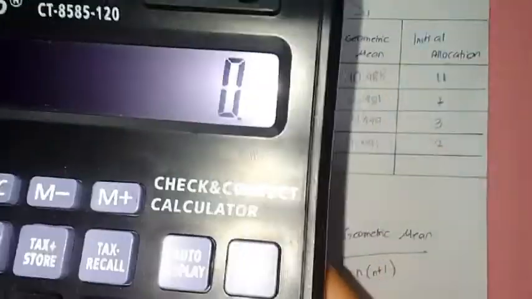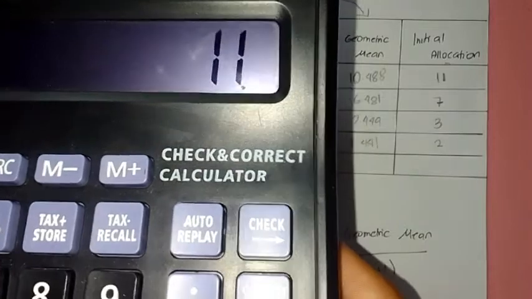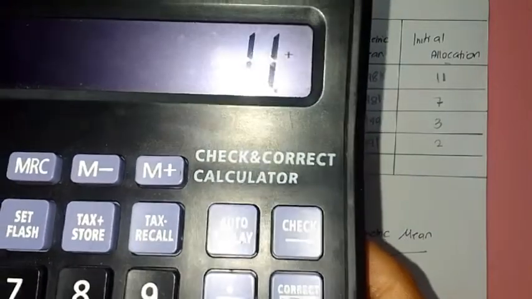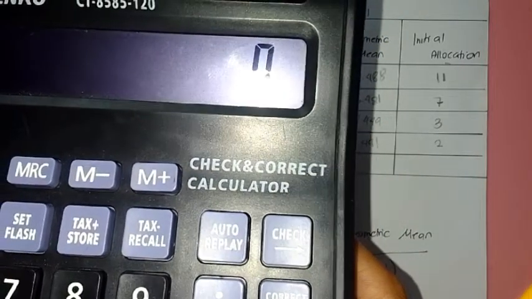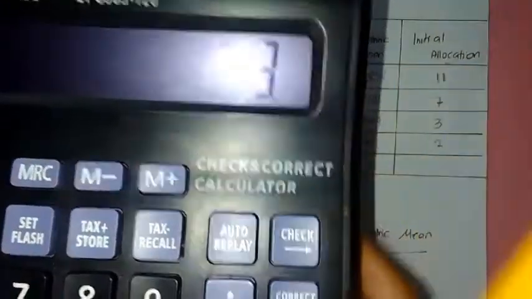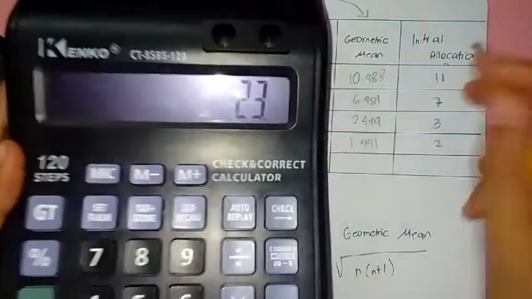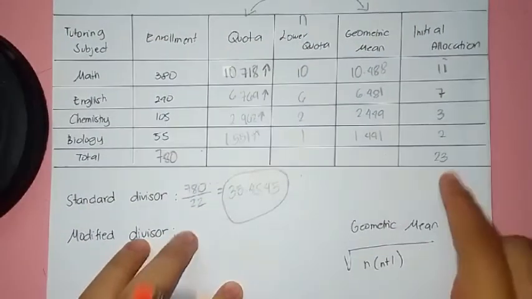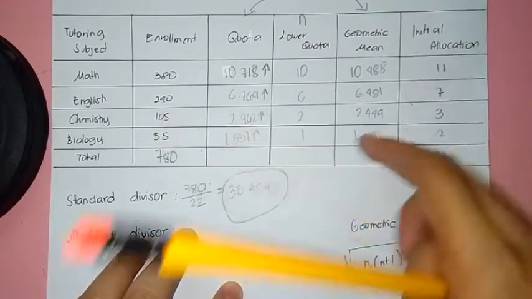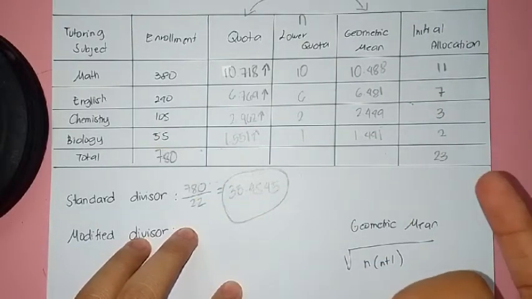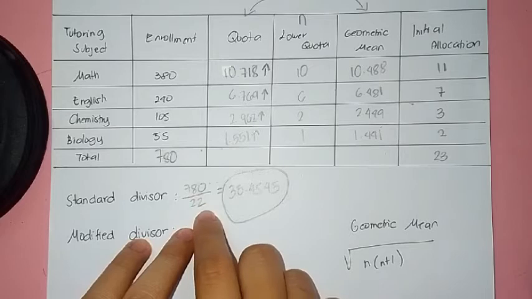So, 11 plus 7 plus 3 plus 2. We're not the same, so we recalculate to meet the 22 tutors.